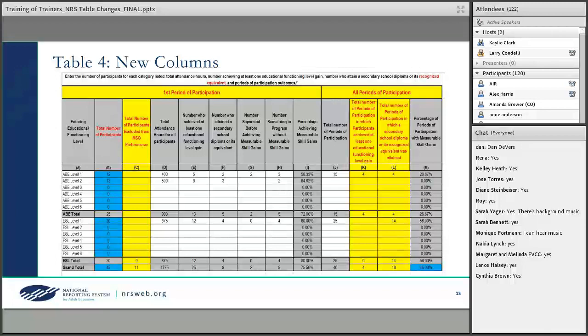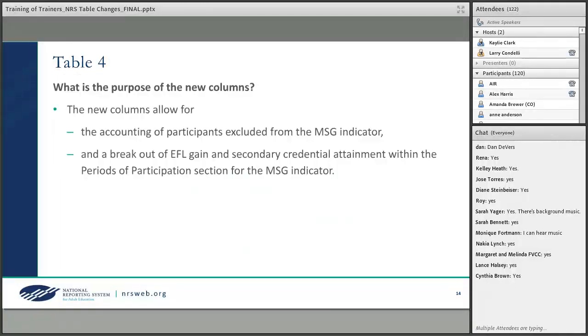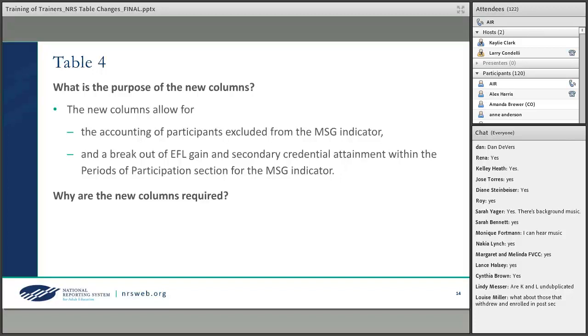So it lets you break that percentage out specifically. So the next slide will show you why we did that. Next slide is, so just for counting, we can formally exclude participants, and we can look separately at EFL gain and secondary credential attainment for periods of participation for that particular indicator.